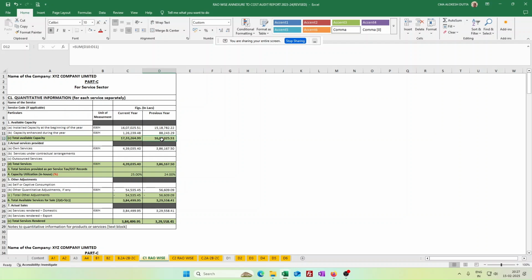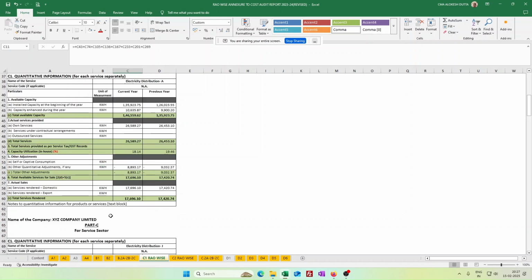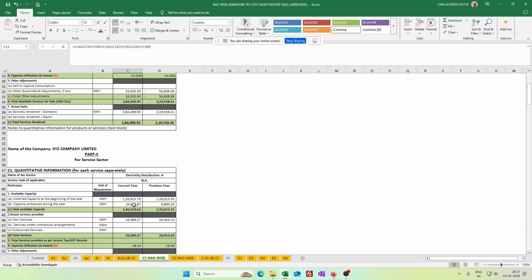That means last year's closing total available capacity is the opening of this year. You see, current year, previous year, and capacity enhanced during the year, all the figures. This is the RAO-wise detail. This is a consolidated figure, company as a whole. Take the example of one figure, E final data, quantitative info G37.